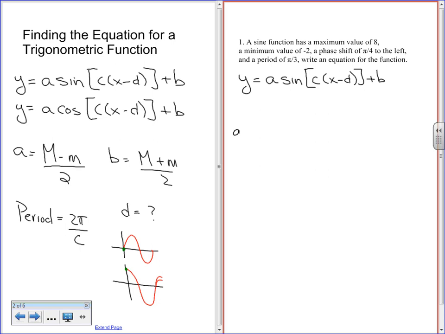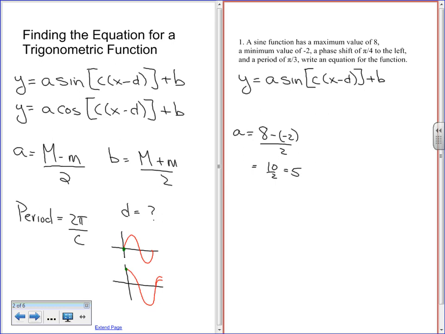So the A is equal to the maximum amount, subtract off the minimum. So the highest value, subtract off the lowest value. So the highest this function ever gets is 8. Subtract off the lowest it gets, which is -2, and then divide by 2. So that becomes 10 divided by 2, which is 5.